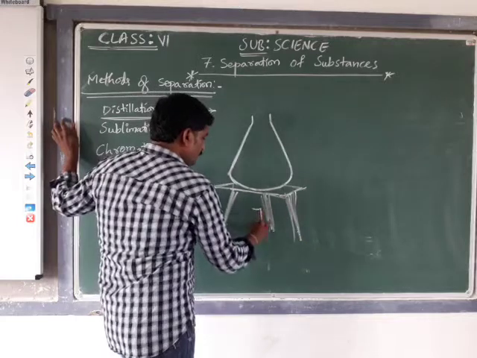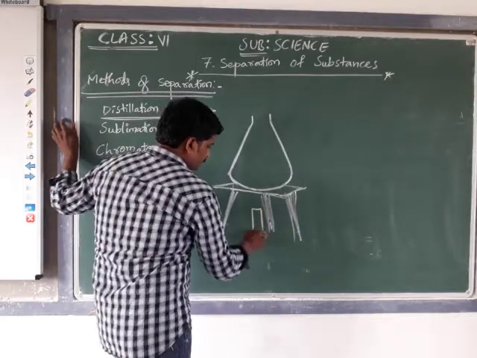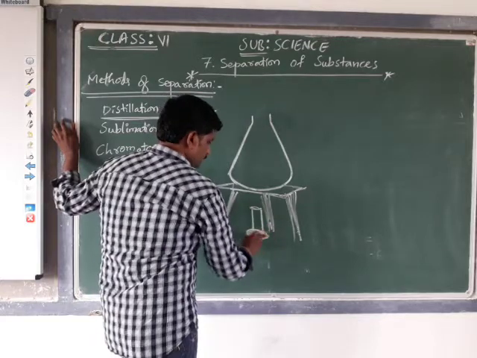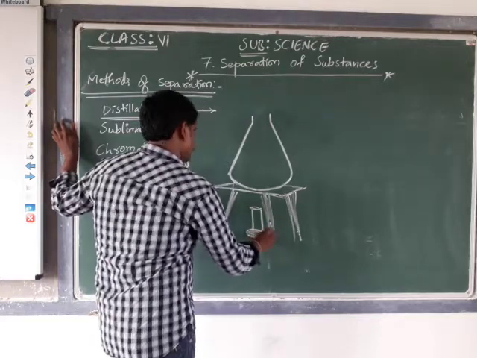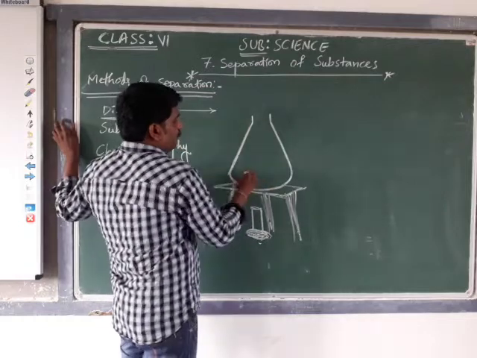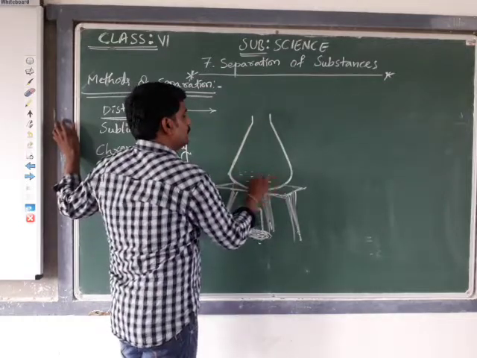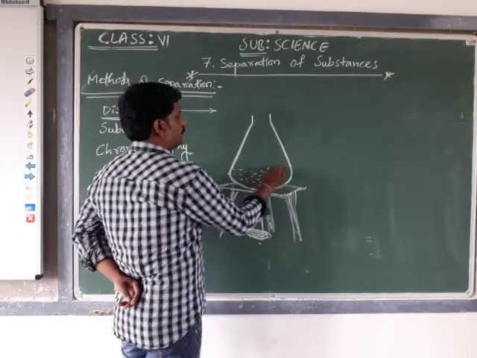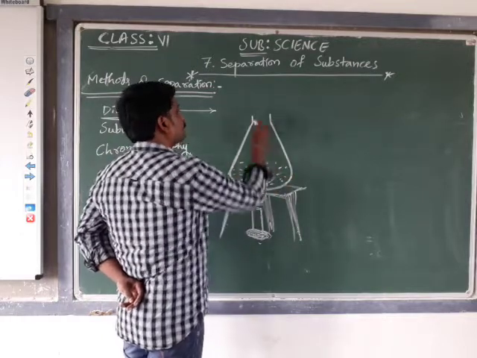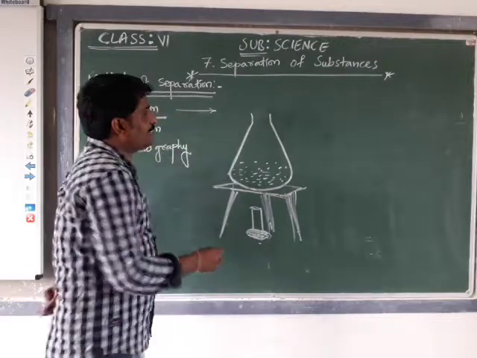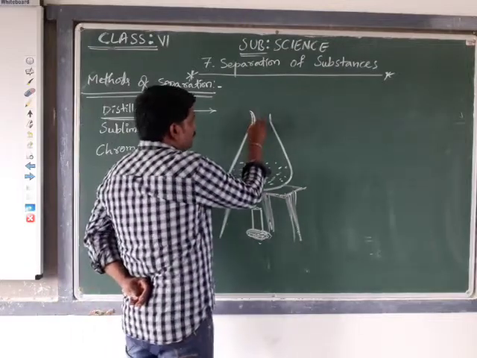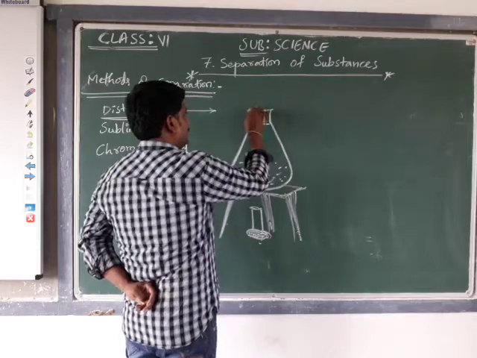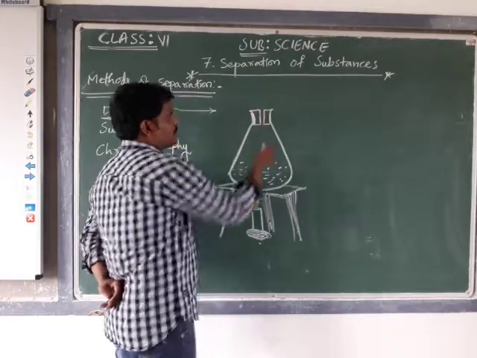We have to keep a Bunsen burner below, and we have to pour water in this conical flask, and cover the mouth of the conical flask with a one hole cork.